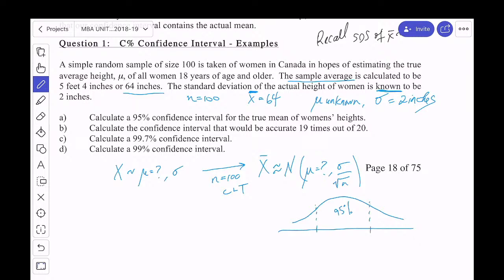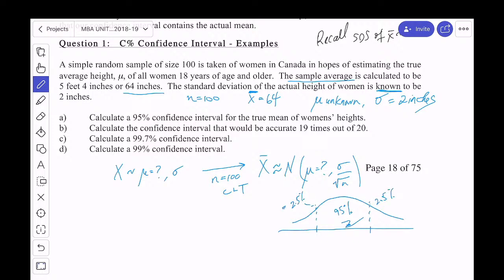For 95% in the middle, what would be the cutoffs? How many standard deviations away? Z will give me the critical value as the number of standard deviations away. Well, if it's 95% in the middle, then it's 2.5% on either side.